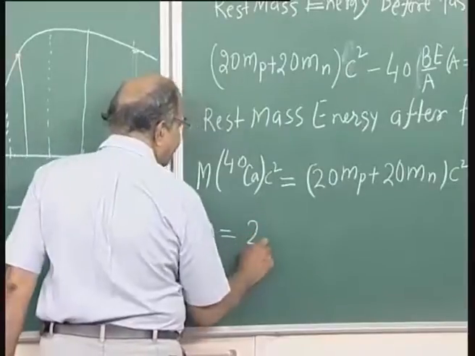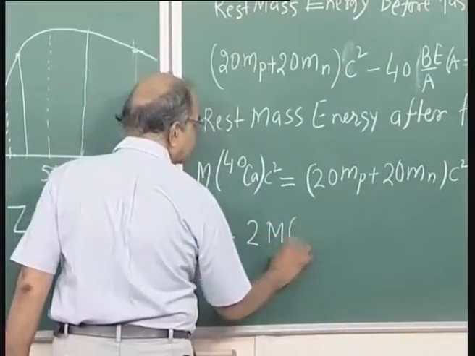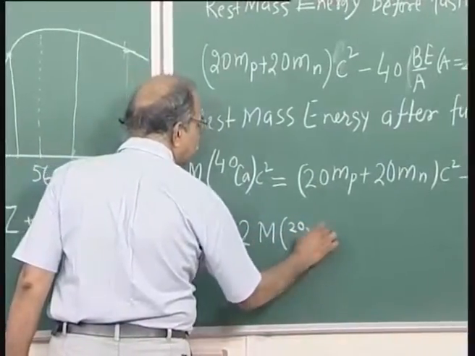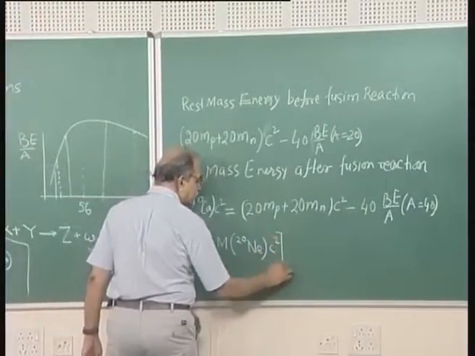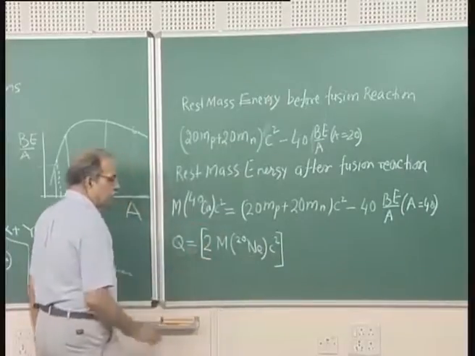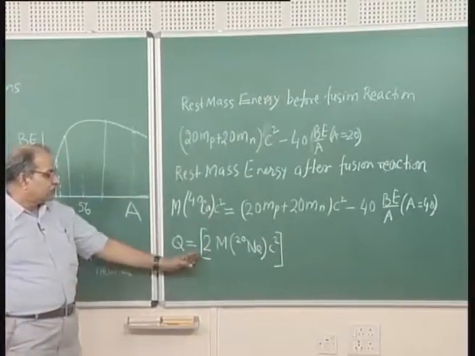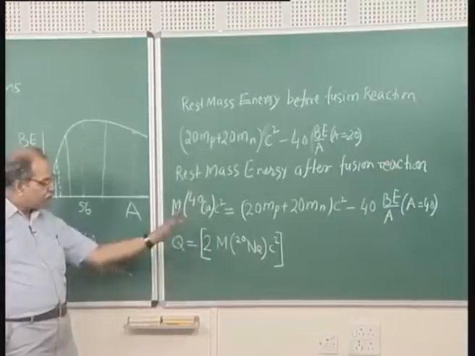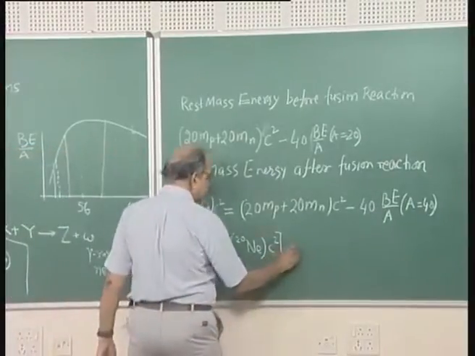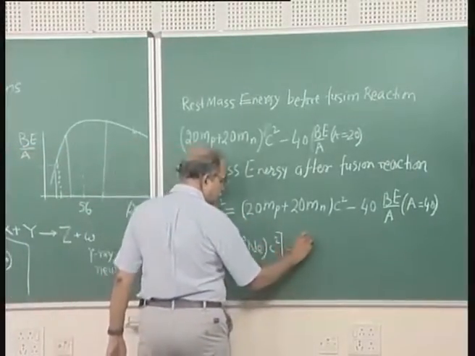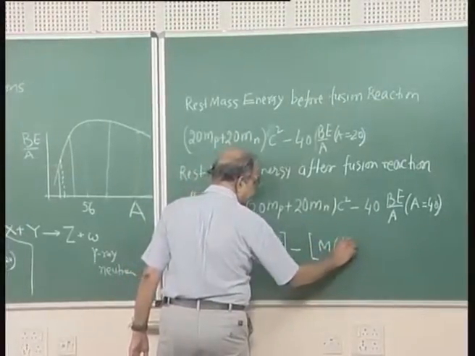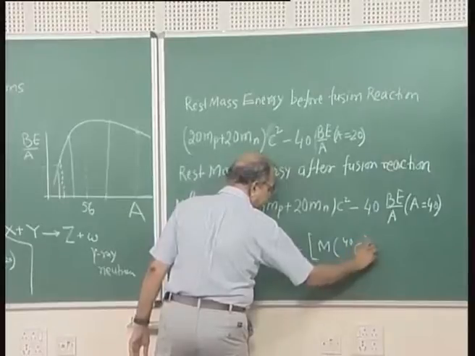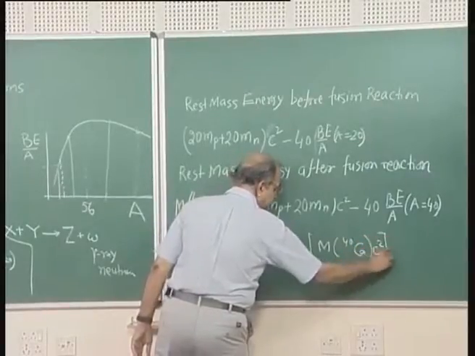So, 2 times the mass of neon times c squared. This is the rest mass energy before the reaction, and from this we will subtract the mass of calcium-40 times c squared.